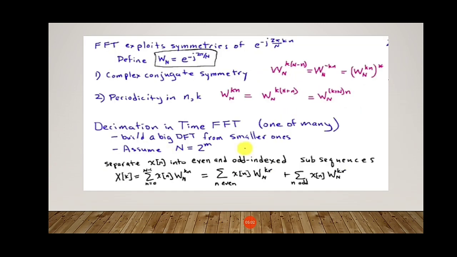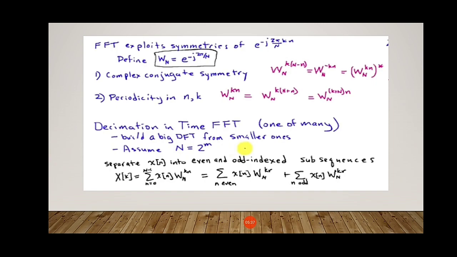Now, FFT exploits some of the properties of the twiddle factor W_N. As already mentioned, W suffix capital N is e to the power minus j 2 pi by capital N. Now, it has two properties which we will exploit in solving, or which come in handy in order to derive the algorithm of FFT.